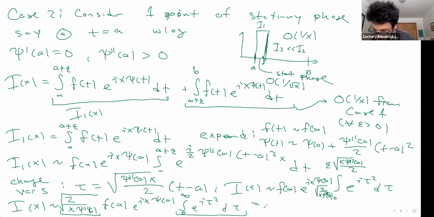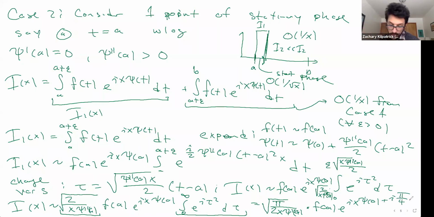But essentially, we get a square root of pi over 2 coming out of it, times our same f of a, and we also get this additional i pi over 4.